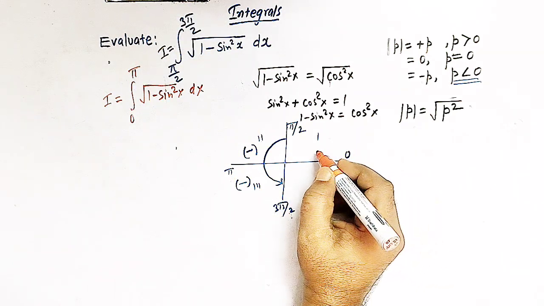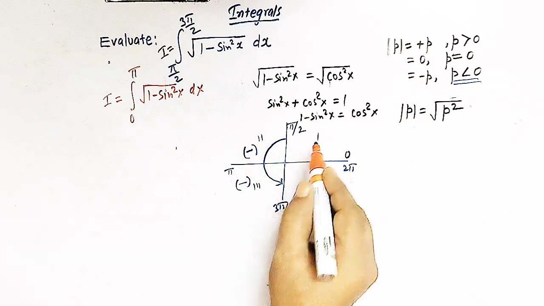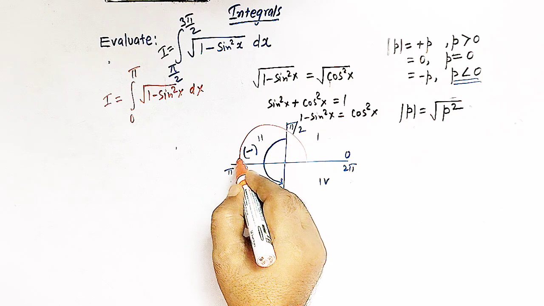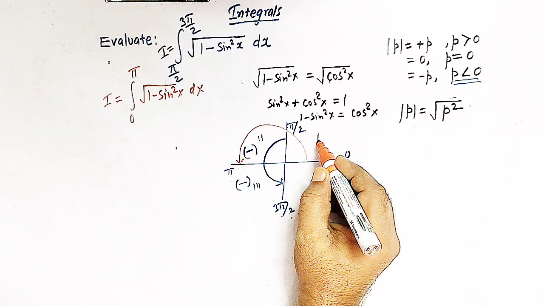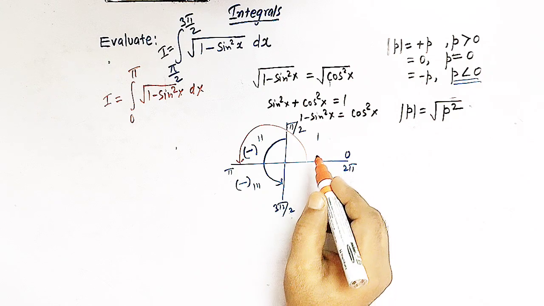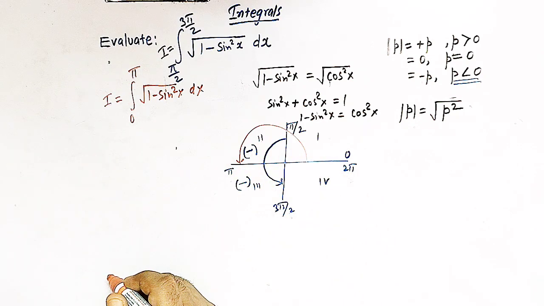So here we have to go from the first quadrant to the second quadrant, right? We have to go like this. In the first quadrant, the cosine function is positive, and in the second quadrant, the cosine function is negative.